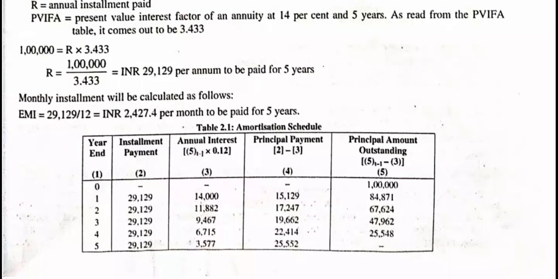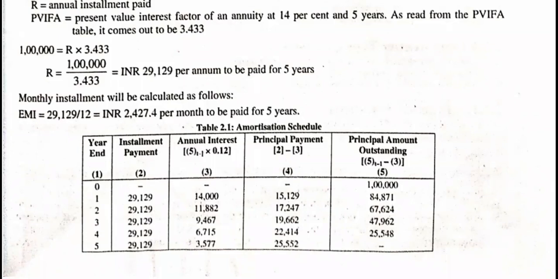Now, how do we calculate the principal amount outstanding? 84,871, the principal amount of the first year, minus the principal payment in the second year, that is 17,247. So it will be 67,624. Next year, again 29,129 in the third year. Interest again, 14% of 67,624, is 9,467.